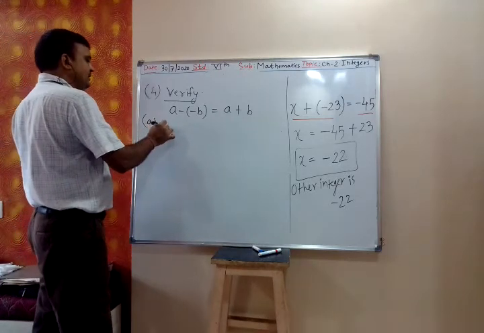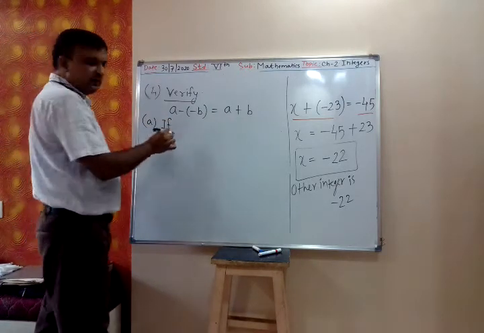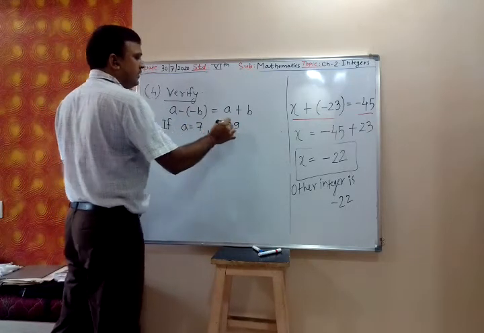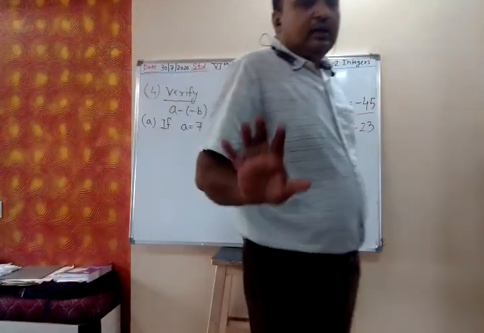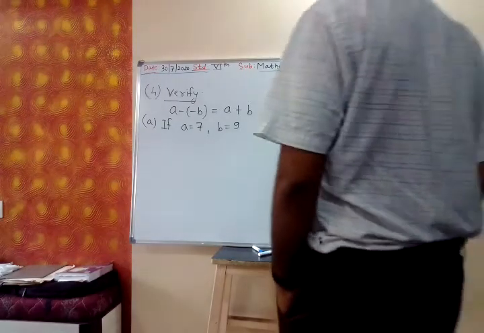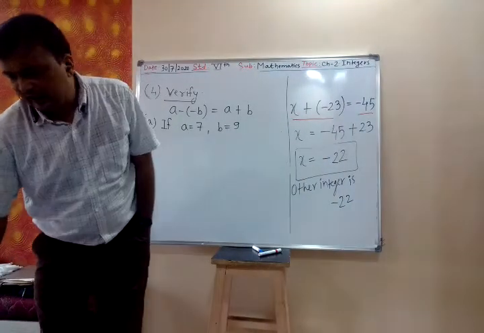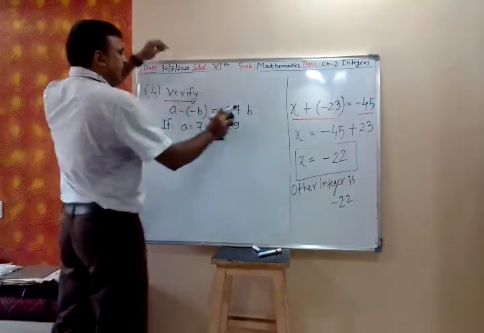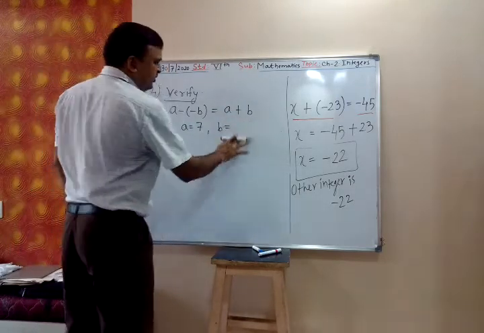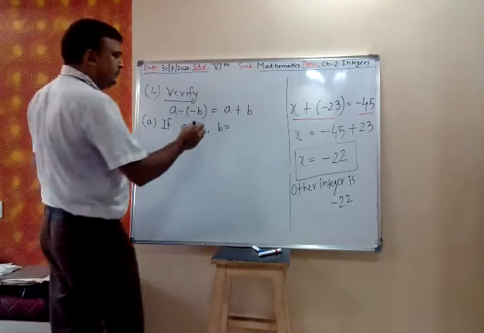Now a is 7, b is 9. Wait. It is very clear now. No, b is equal to minus 9.